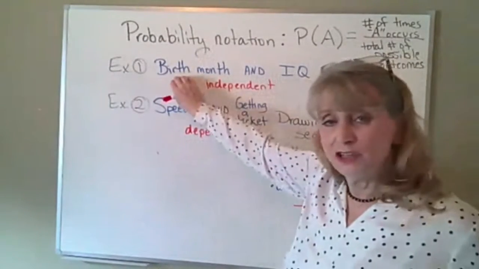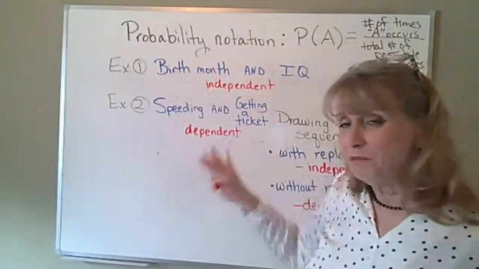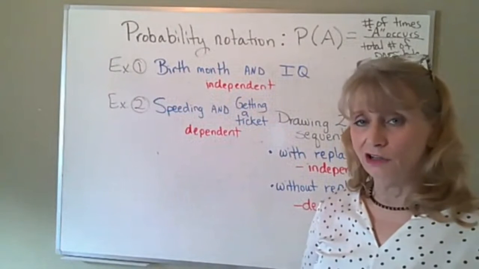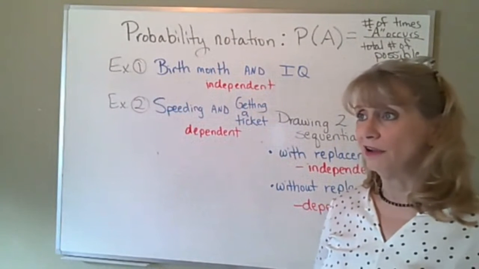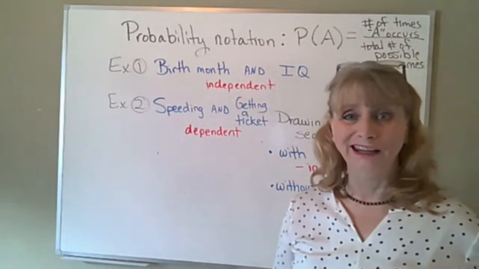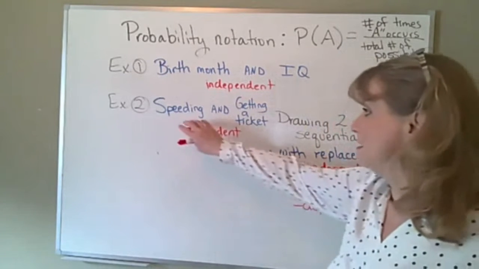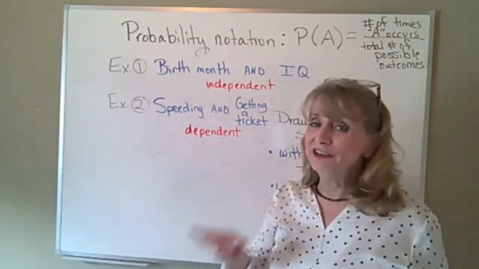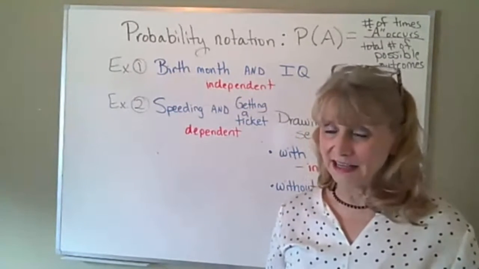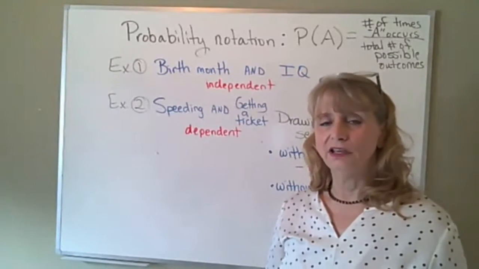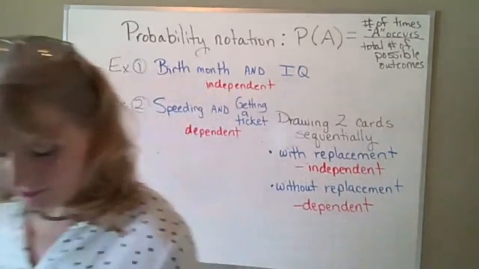Whereas the month that you're born in doesn't possibly affect your IQ. There are other things that might affect your IQ. I don't really know what they would be, but the month you're born in isn't one of them. But if you are speeding, you're definitely increasing the probability that you'll get a traffic ticket.